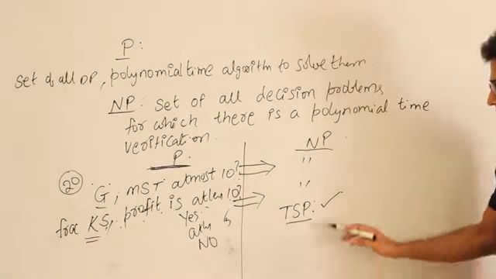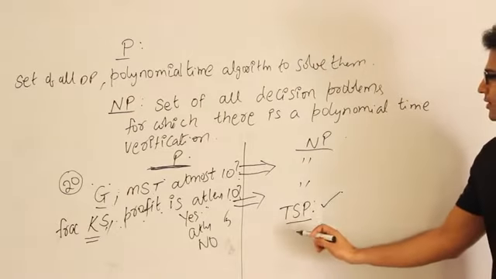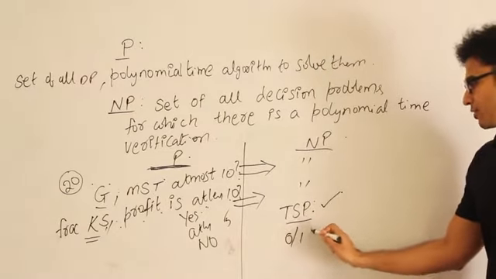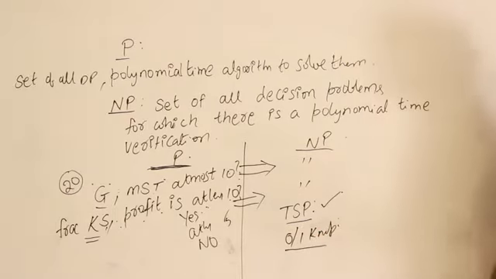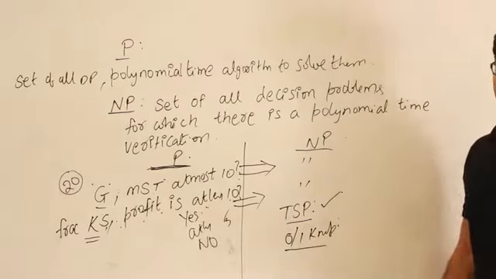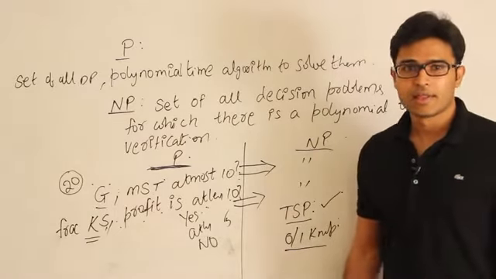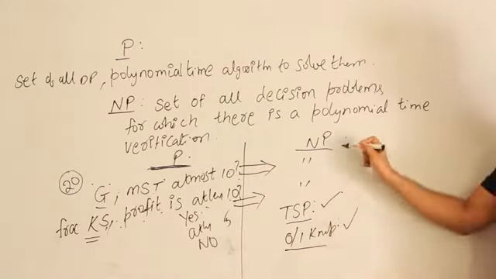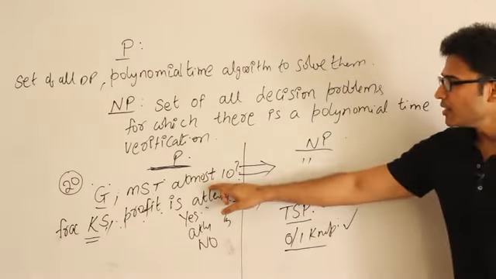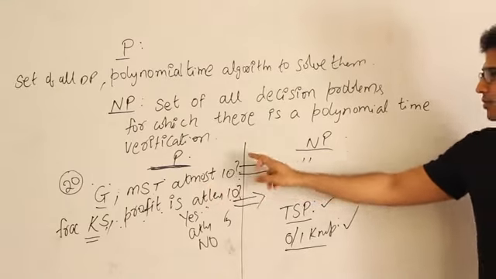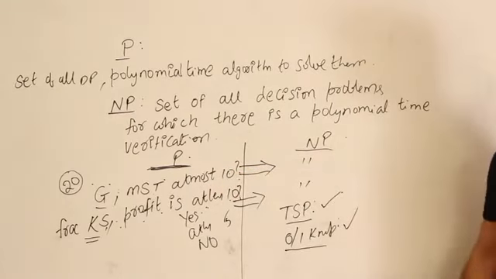Got it? And then what about the 0-1 knapsack? For 0-1 knapsack also we are not able to find a polynomial time algorithm which can solve it. But give me a solution to the problem, I can verify it. Therefore this problem also falls in NP. Got it? Now the relationship between these two is, if a problem is in P, definitely it is in NP. If it could be solved, it could be verified in polynomial time.